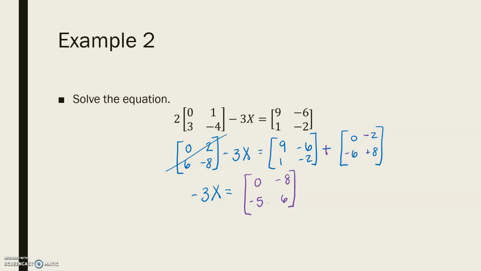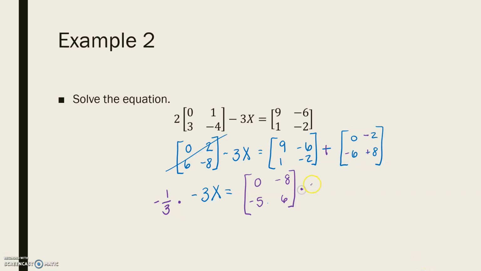There we go. Now the final step to solve for x is we think of it as dividing by 3, but really we don't do any division with matrices. Instead we multiply by the reciprocal, because dividing by 3 is really the same as multiplying by -1/3. That would cancel.